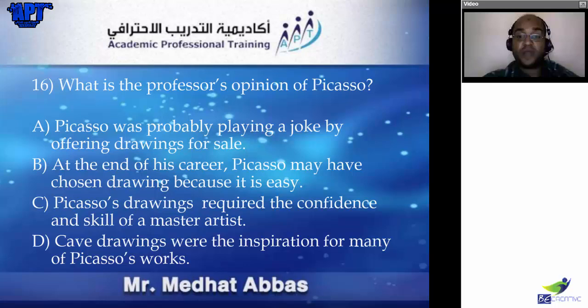Picasso's drawings required the confidence and skill of a master artist. Cave drawings were an inspiration for many of Picasso's works. The right answer is letter C. Picasso's drawings required the confidence and skill of a master artist. This was the teacher's point of view about Picasso, that his drawings required the confidence and skill of a master artist.